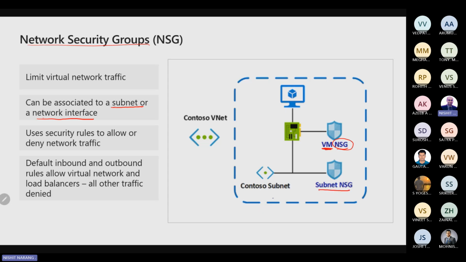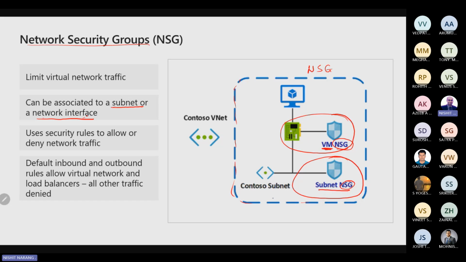Like in the previous slide, you had a resource subnet that is part of a network security group. So this dotted thing that you see becomes an NSG. It includes certain VMs because their network interfaces are part of the NSG. It includes some full subnets, which are also part of the NSG.